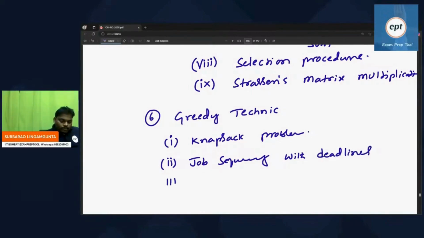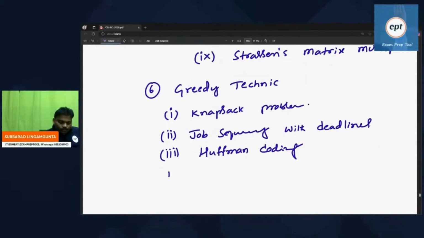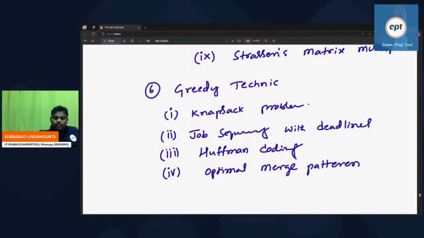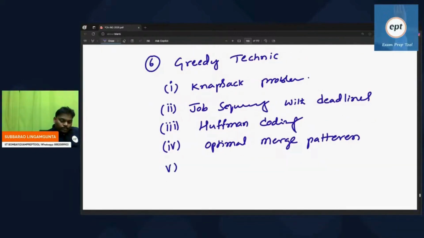Third one, Huffman coding. Fourth one, optimal merge pattern. Fifth one, minimum cost spanning tree.